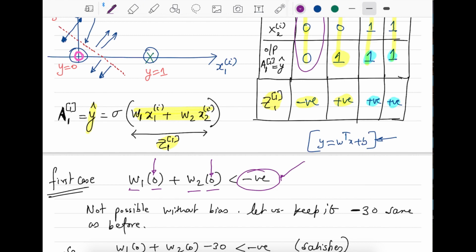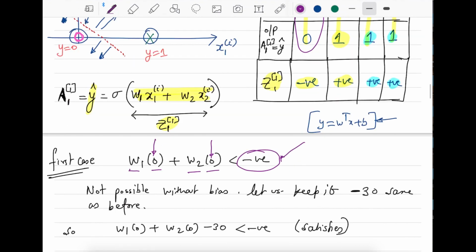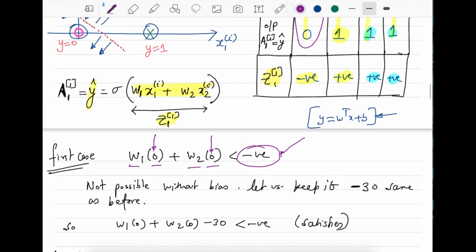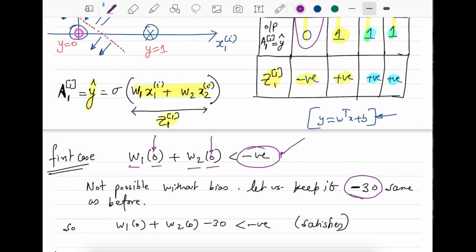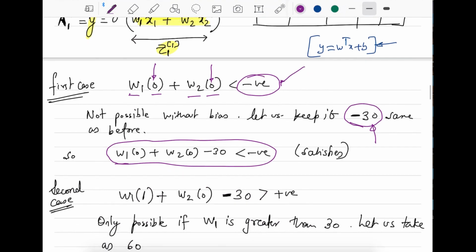So again, it comes to a point that without the bias, this neural network also cannot work. For that, you keep the value of minus 30. Once you keep the value of minus 30 here, then you will satisfy this constraint, which is given over here. So the first case is telling you that bias is important and it has to be added to this equation.